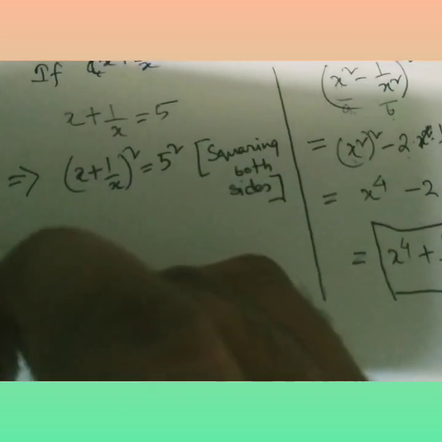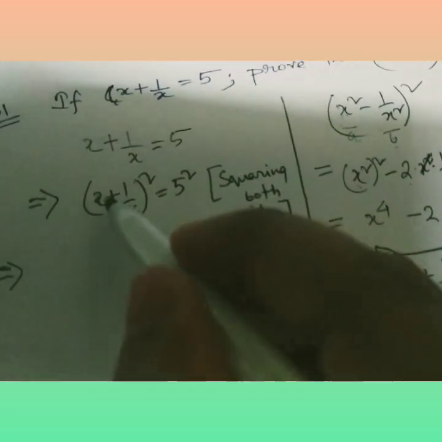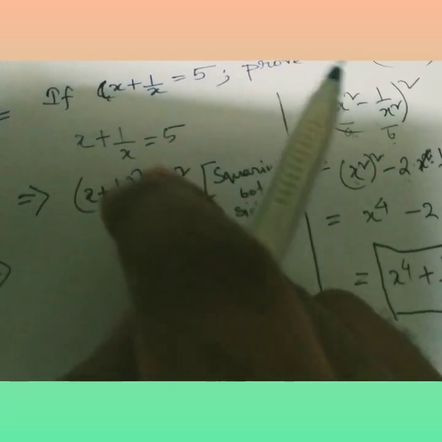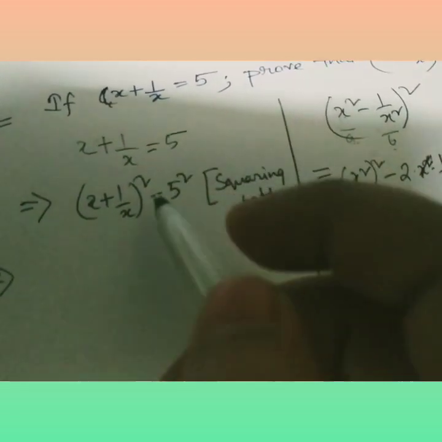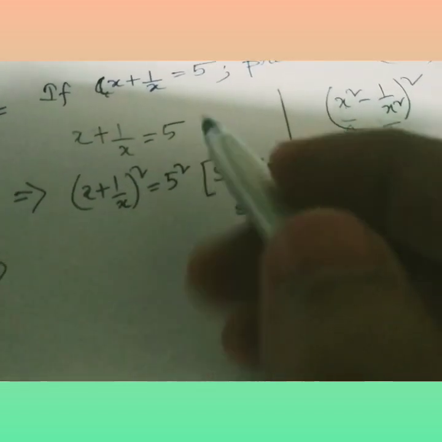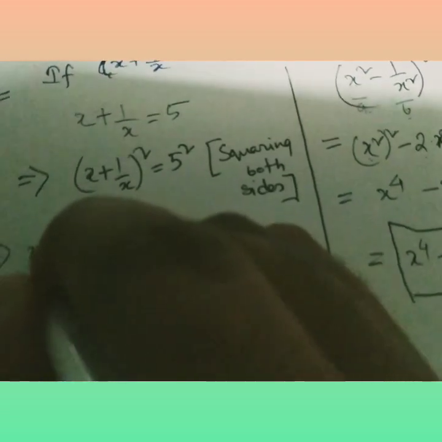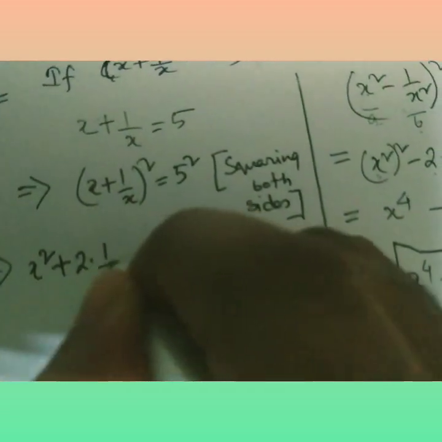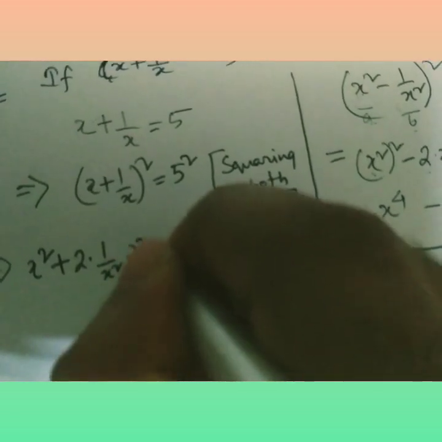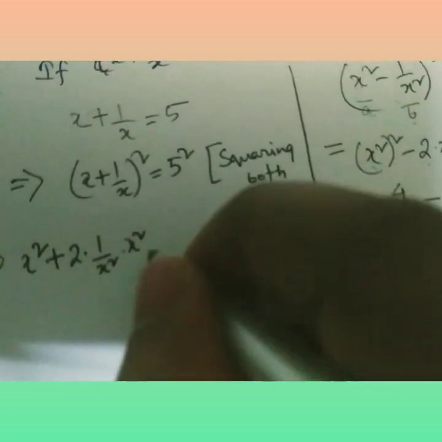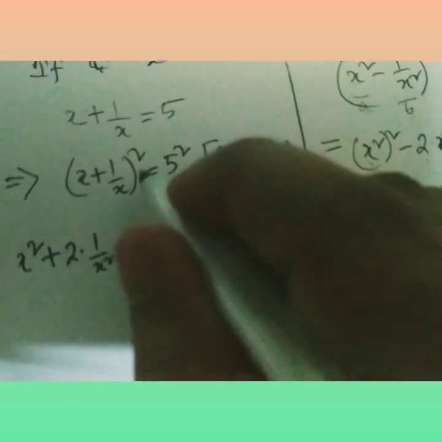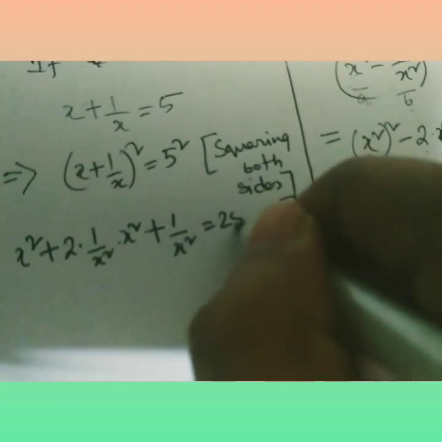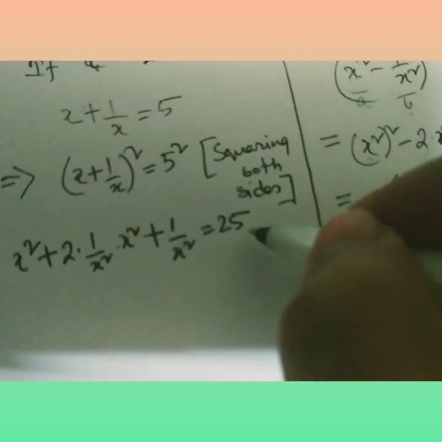Next, once we square, this has become similar to the formula a plus b whole square. So what is a plus b whole square? A square plus 2ab plus b square, right? So we can write x square plus 2 into 1 by x into x, that is 2ab, plus 1 by x square equals 25. 5 square is 25.